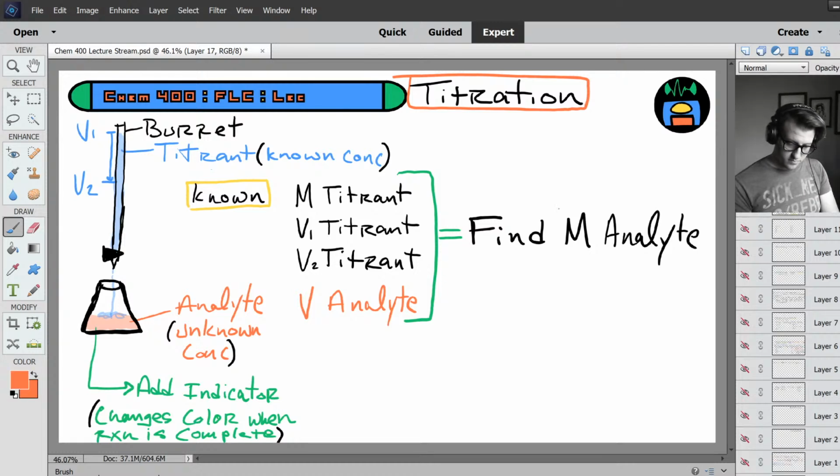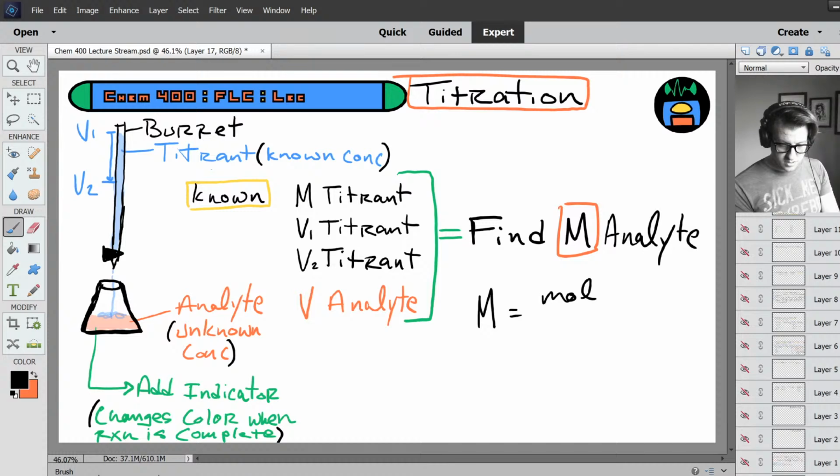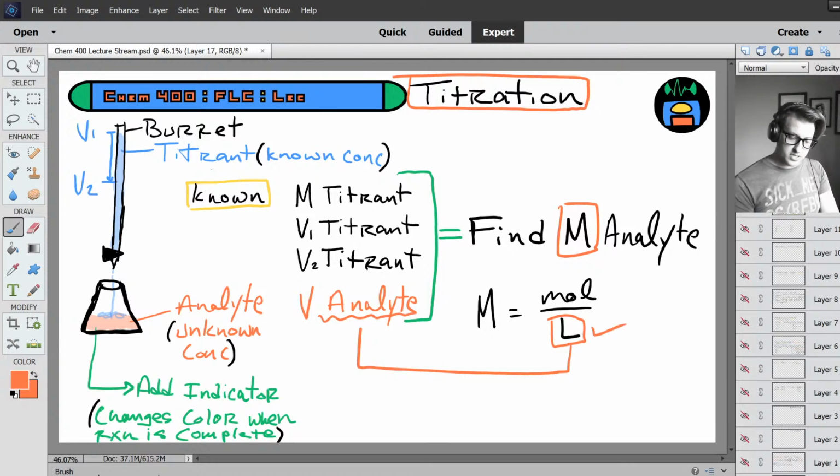Which again, by way of reminder, molarity is moles per liter. And notice, you already know the volume of your analyte, so you're actually given your denominator.